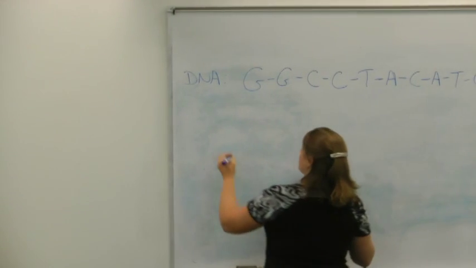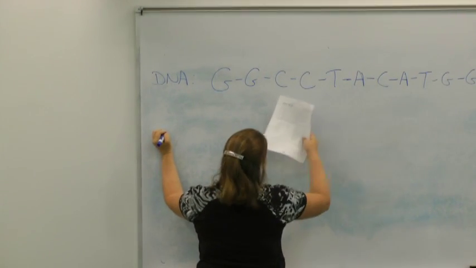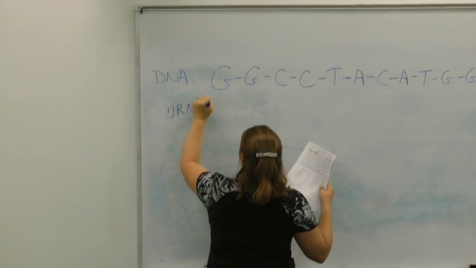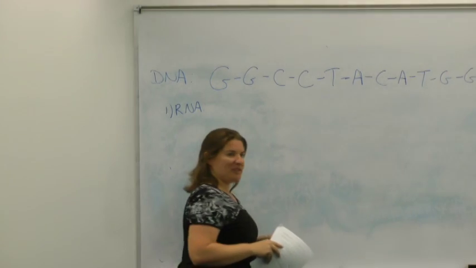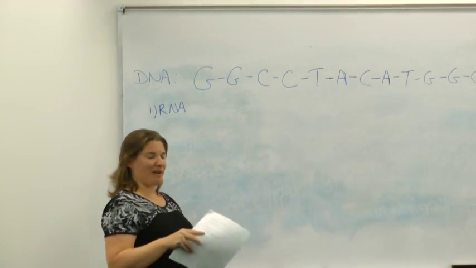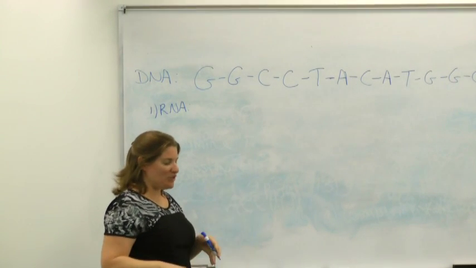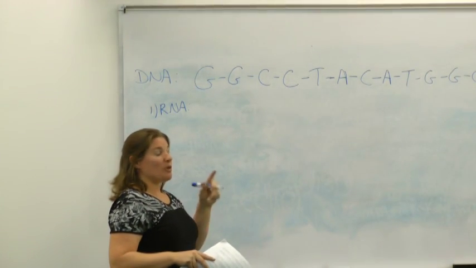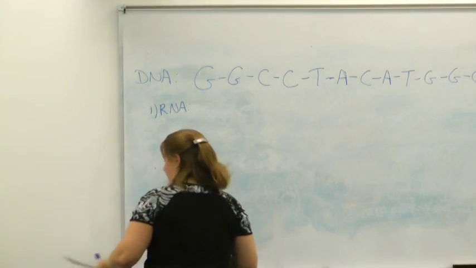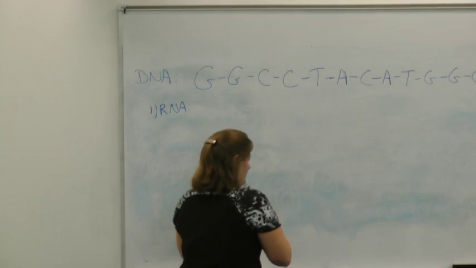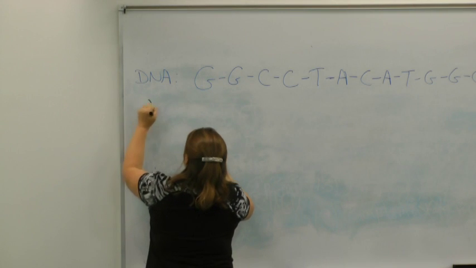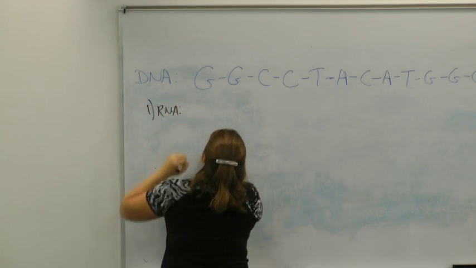For number 1, we're going to transcribe this sequence into RNA. So we have to use our transcription rules, right? C bonds with G, A bonds with U. Anywhere where you would normally put T, you're going to put U instead. Let me change my color to black for the RNA.